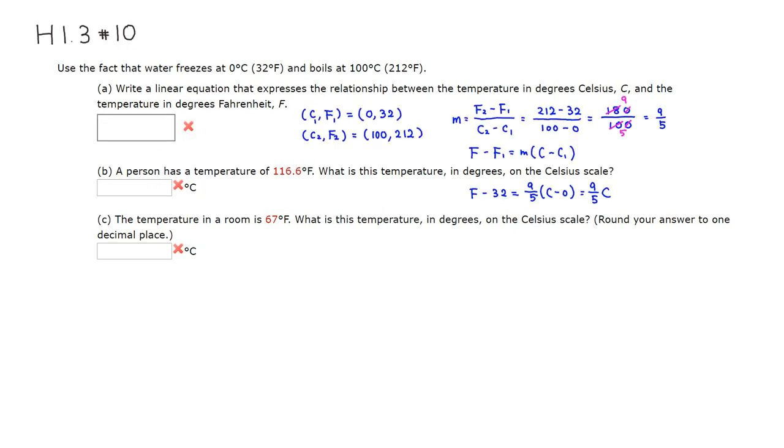We already know that F is given to be 116.6 degrees Fahrenheit.